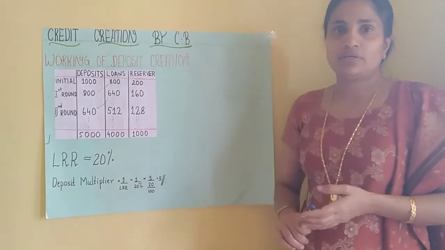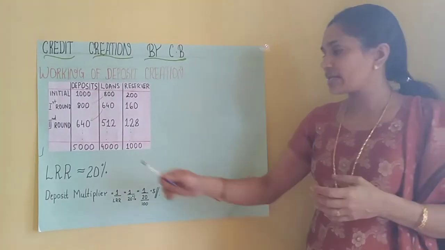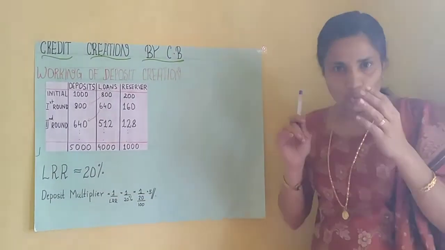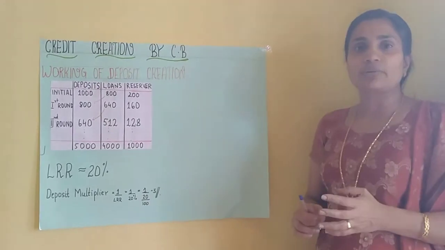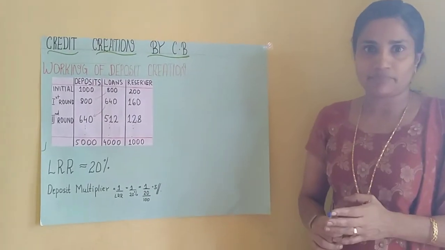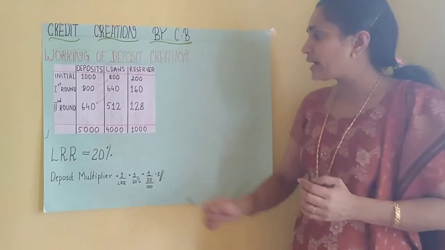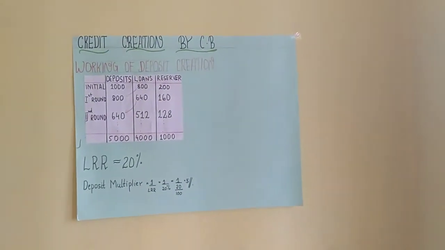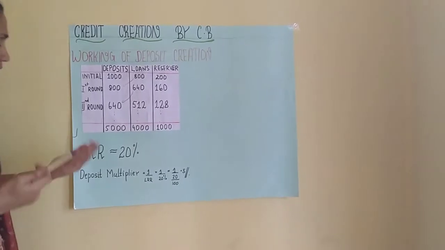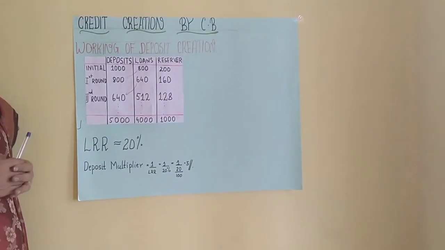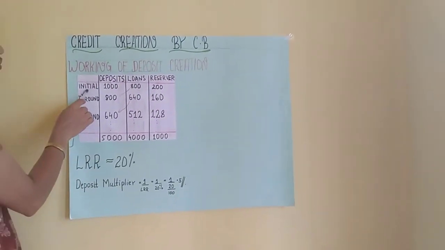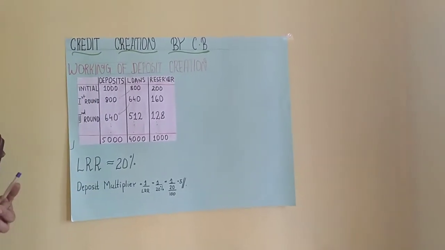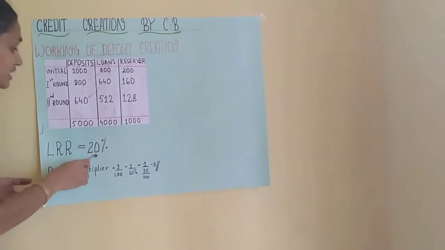Suppose at present the LRR is 20%. Now we can discuss how the commercial banks create money when the LRR is 20%. Come back to this example. In a particular commercial bank, there is an initial deposit of 1000 rupees and the LRR is 20%.